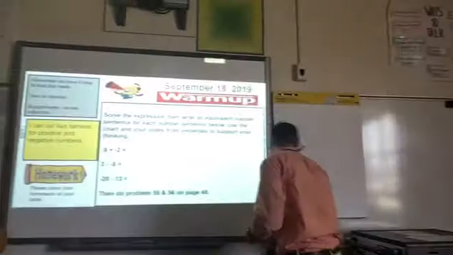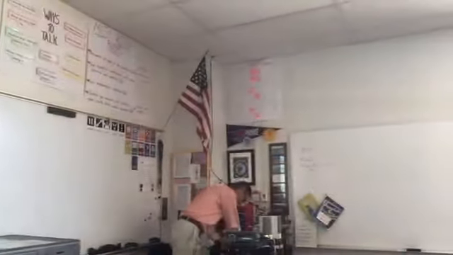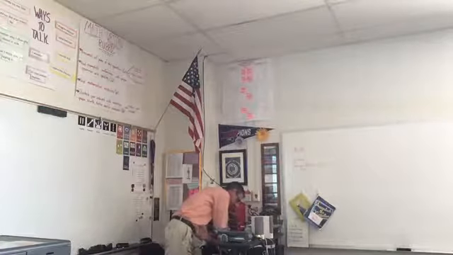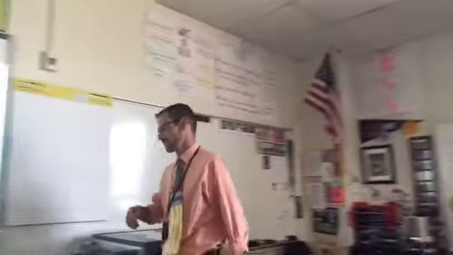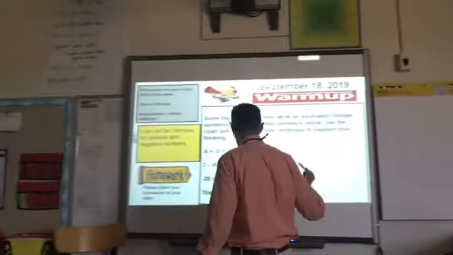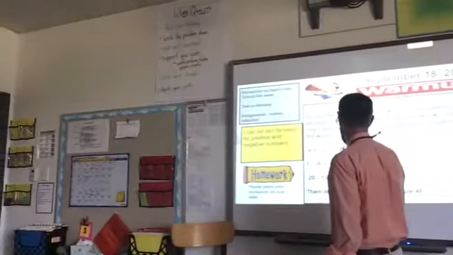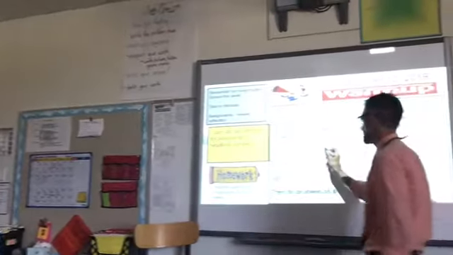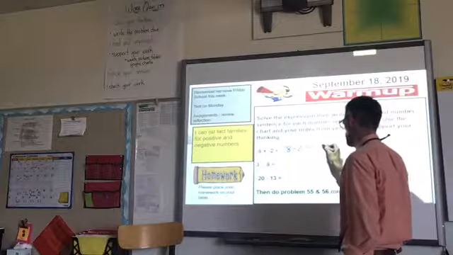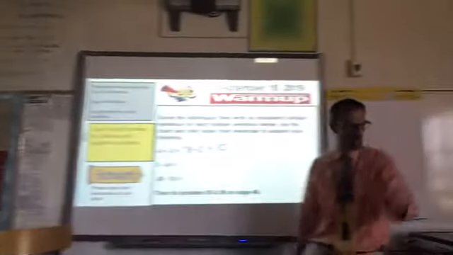The first one. -10. No, not the answer. What's the equivalent number sentence? -8 minus 2. Okay, so Ryan said it is -8 minus 2 because adding a negative is like subtracting a positive. And what does that equal? -10. What's your question, Ryan?